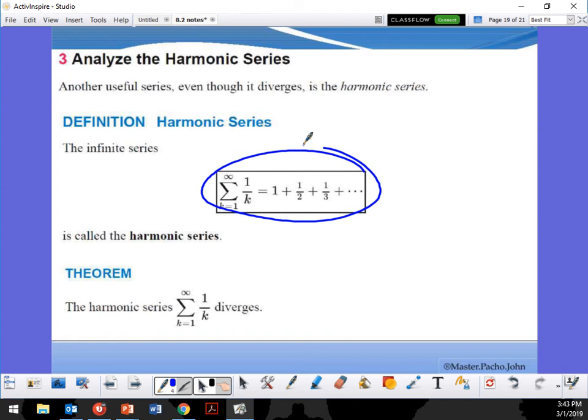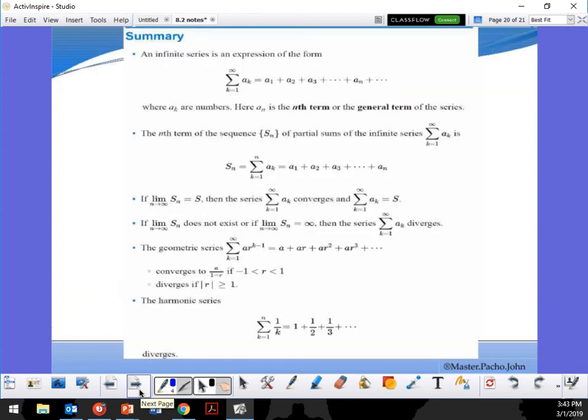But it is harmonic because there is a pattern for this. It is called a harmonic series. So, with the pattern, it is going to go up. It is divergent, but an infinite series. Okay? Diverges. All right, here's the proof.